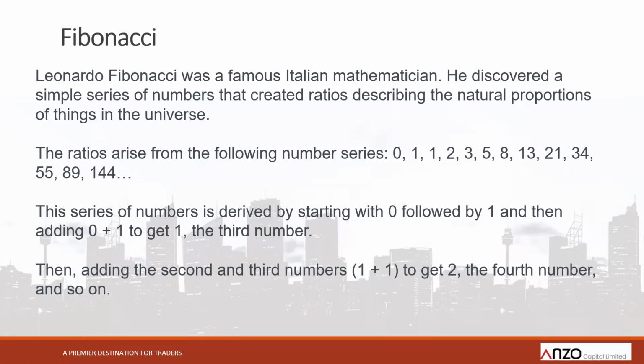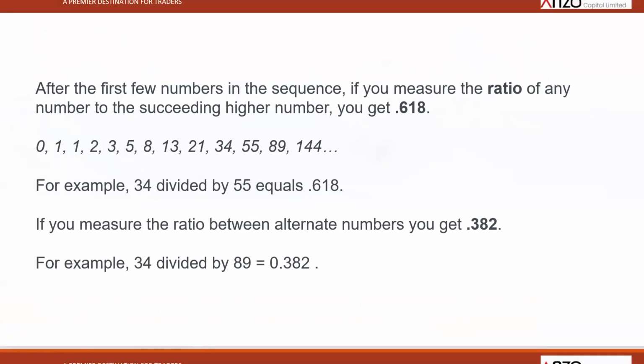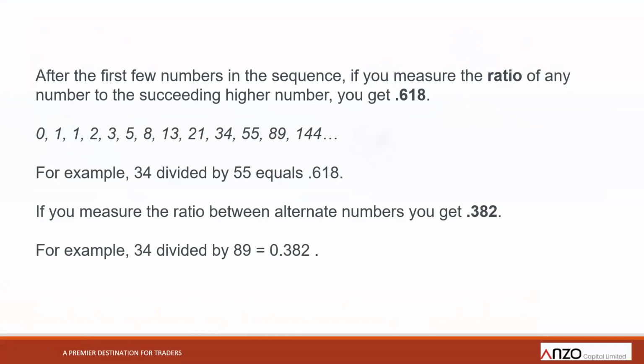Now, the sequence itself is fascinating on its own, but it's the ratios that begin to get interesting, right? After the first few numbers in the sequence, if you measure the ratio of any number to the succeeding higher number, you get 0.618. For example, 34 divided by 55 gives you 0.618. 55 divided by 89 still gives you 0.618. 89 divided by 144 still gives 0.618.